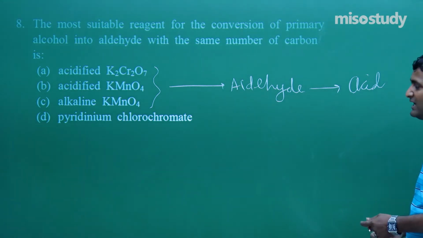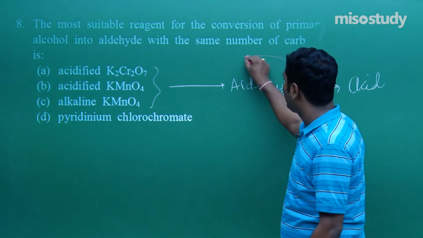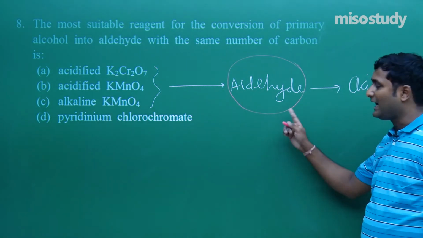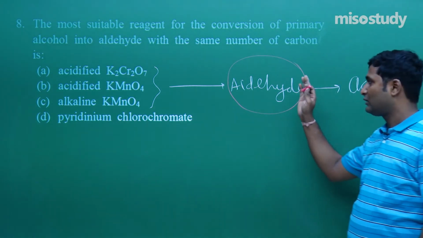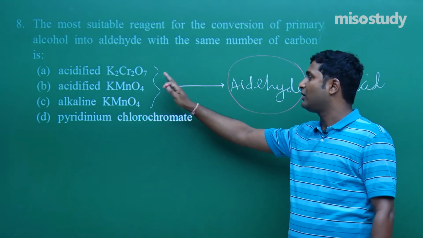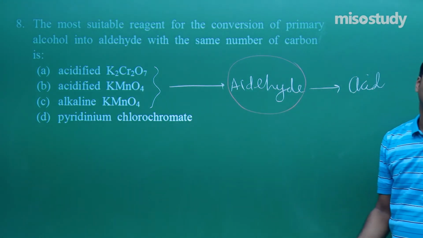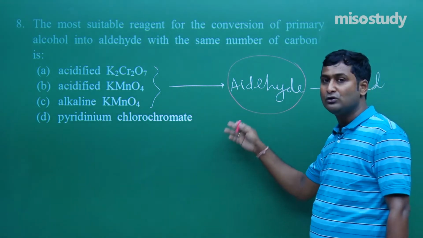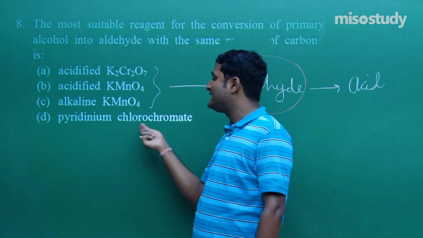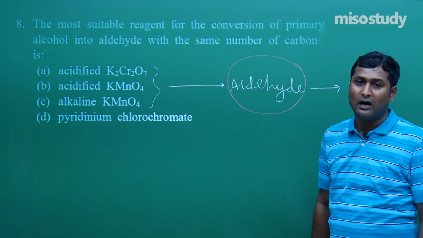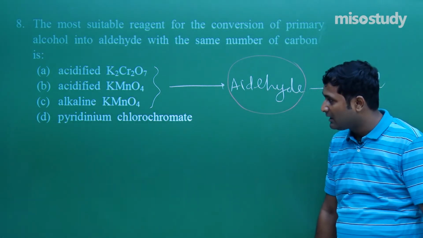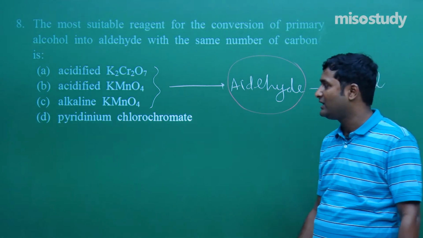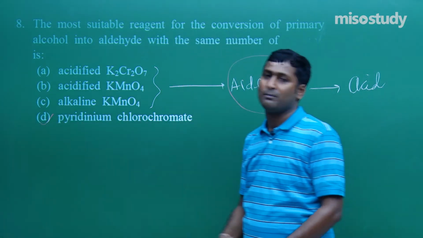So the best reagent to restrict the conversion of primary alcohol to aldehyde only, so that further conversion is not possible, is PCC. There are many more reagents also, but among them, PCC is the correct option. So for question number 8, D is the correct option.